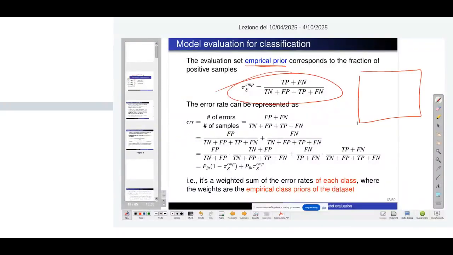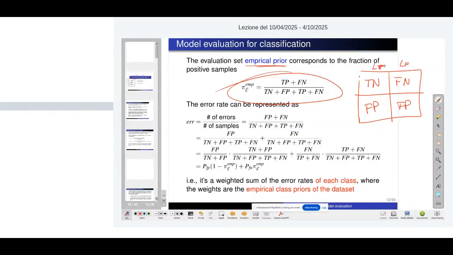Why? Let's go back to our matrix. True negative, false negative, false positive, and true positive. How do I compute the empirical prior?